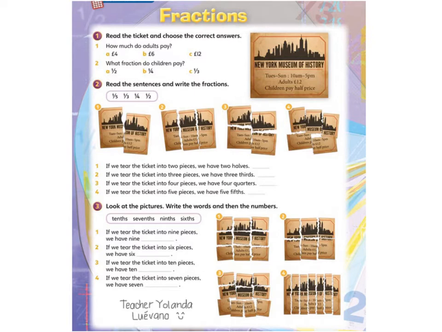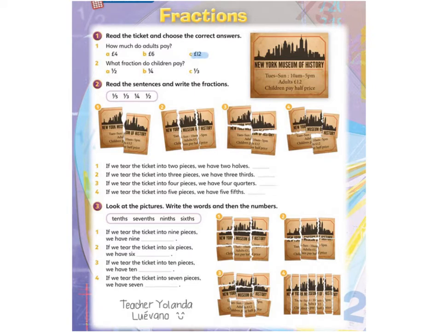Tuesday through Sunday from 10 a.m. to 5 p.m. Adults, £12. Children pay half price. So, how much do adults pay? Well, here in the ticket it says £12, so this is the correct answer.